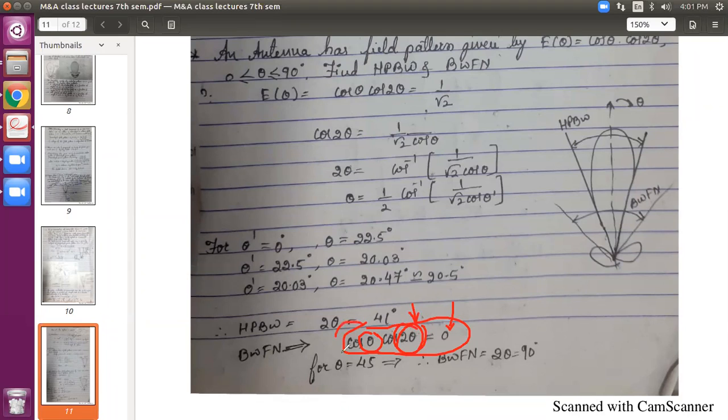Whatever may be the other value, if you take 0 into any value, you will get 0. So no doubt you could have taken 90 degrees, but to start with the minimal value, we started with 45 degrees. So just by observing, we can say that for theta equal to 45 degrees, this equation gets satisfied. So theta is 45.